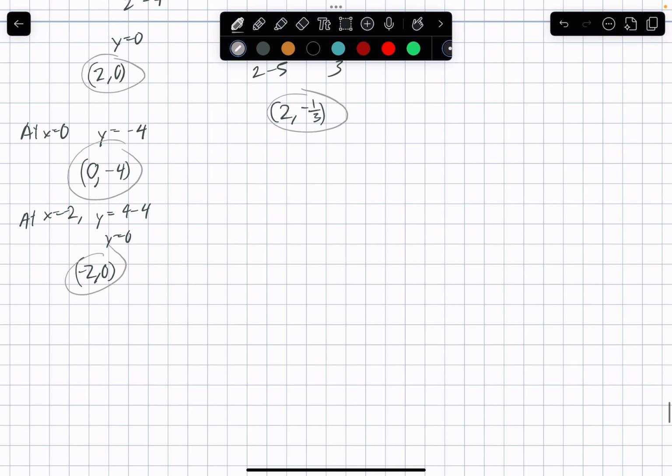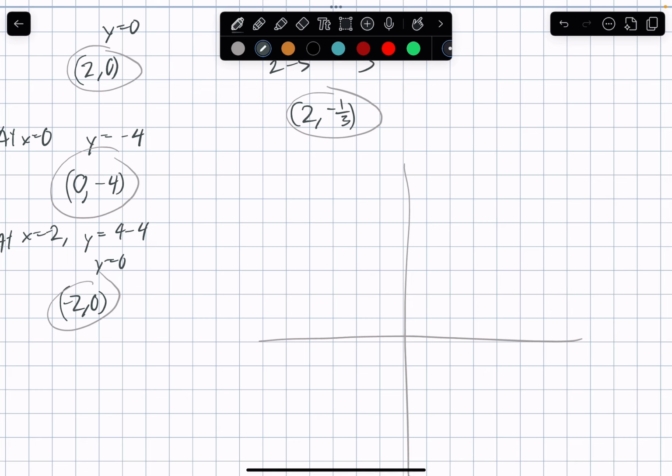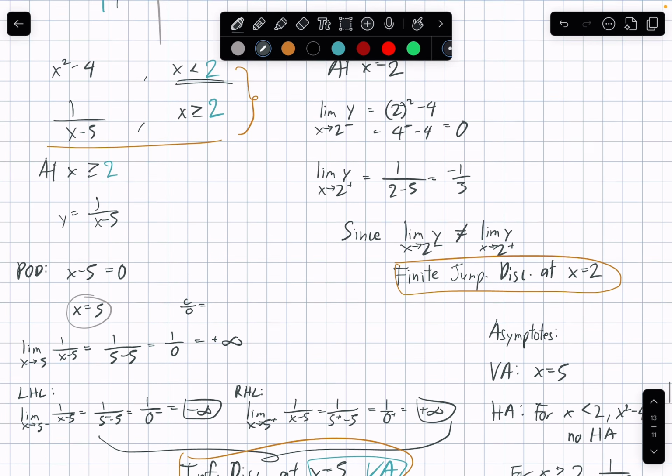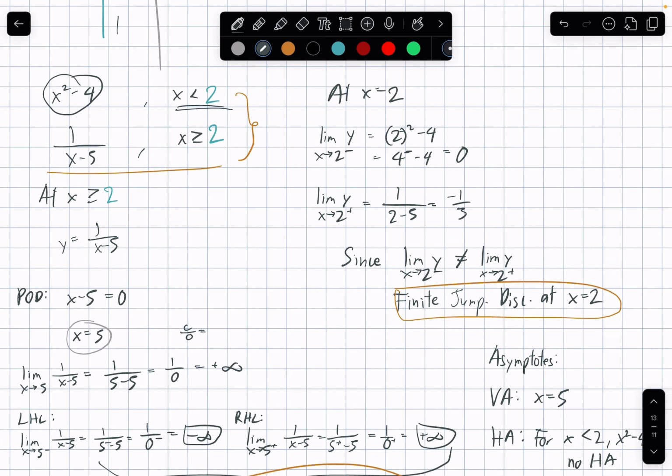Okay, let's start graphing. (2, 0). (0, -4). (-2, 0). Okay, so I think there is a parabola. It makes sense because of the square, so this is a quadratic.